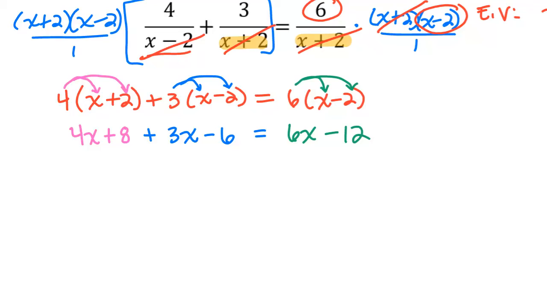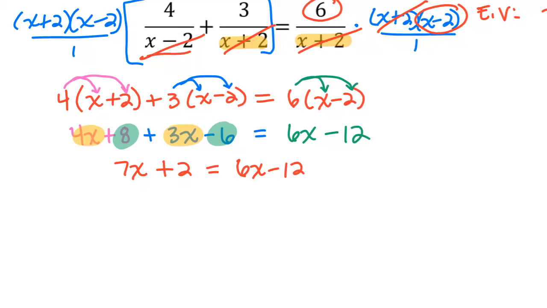So if I combine them, I have the 4x plus the 3x is going to give me 7x. And then I have like the 8 minus the 6 is going to be plus 2. I'm combining like terms because they're on the same side of the equal sign, okay? And then just copy the rest of this, 6x minus 12.